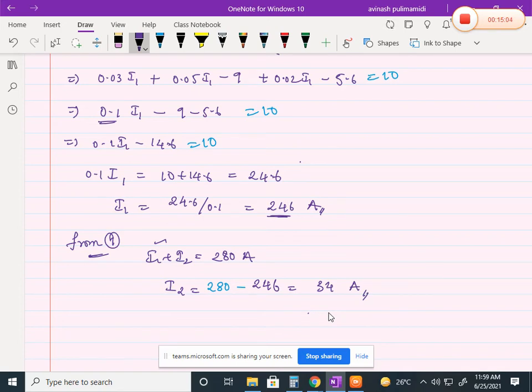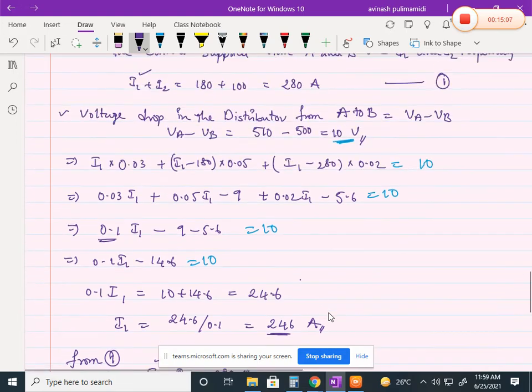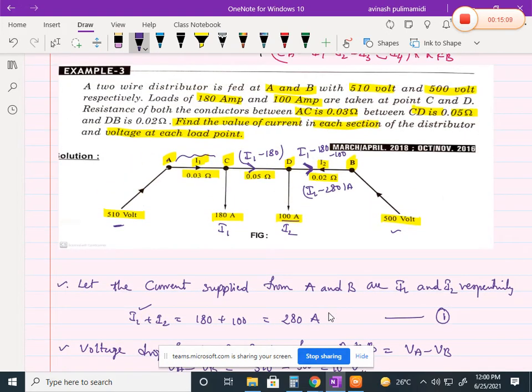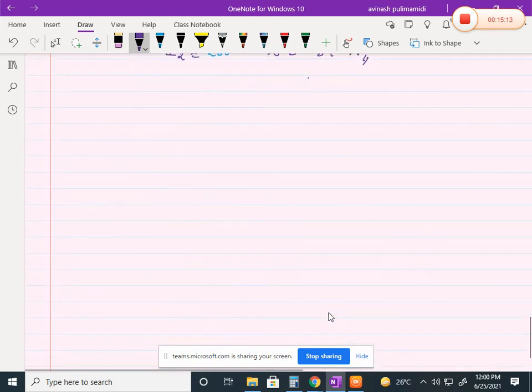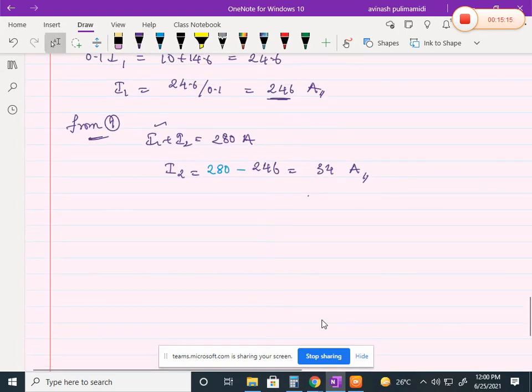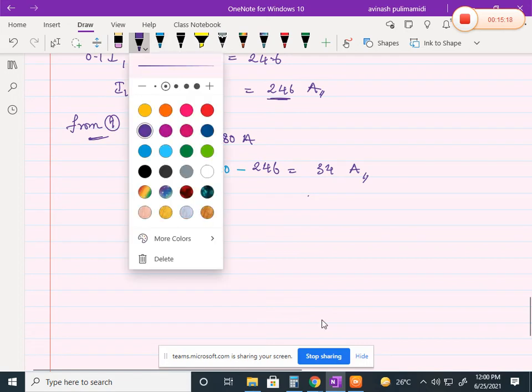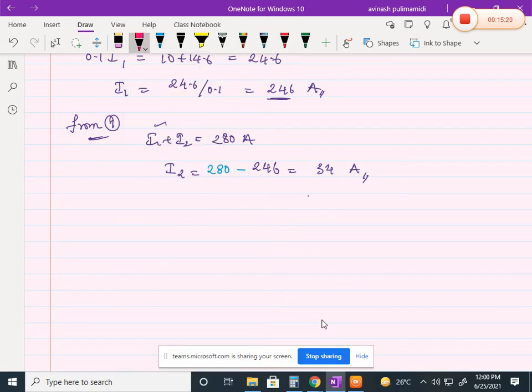Similarly, the current flowing through the various sections, that is the current flowing through AC, CD and DB. So let us write here the currents flowing through various sections.